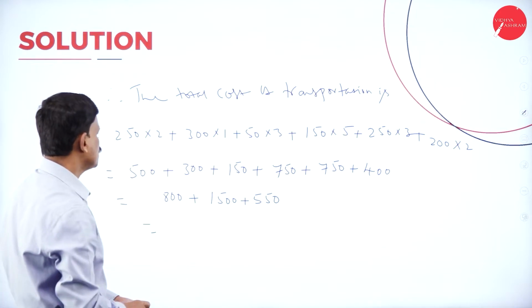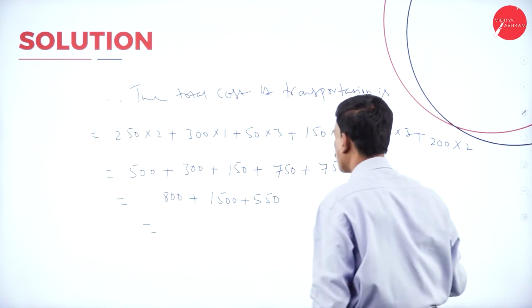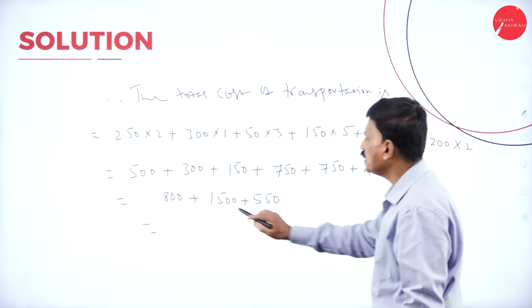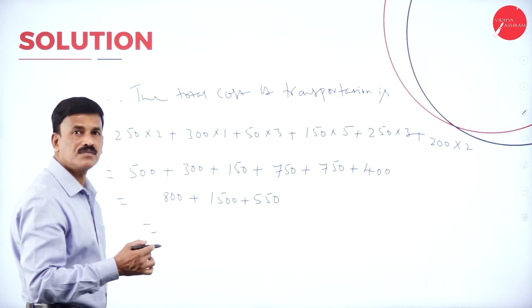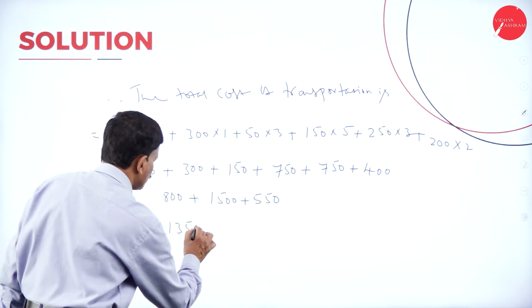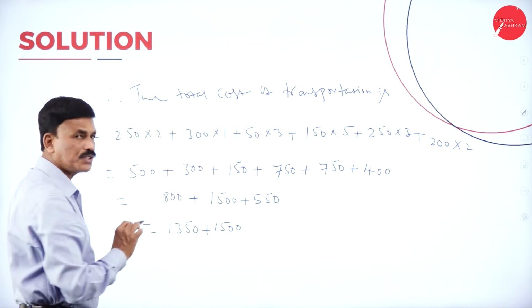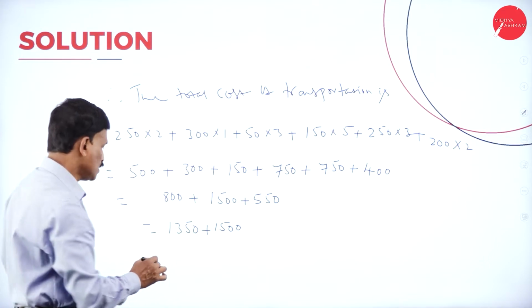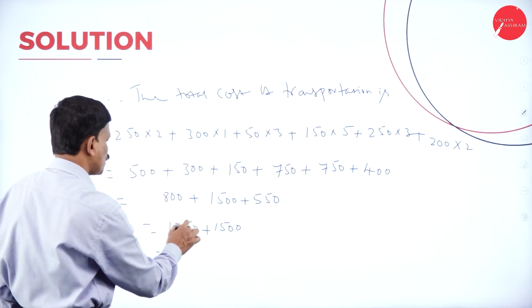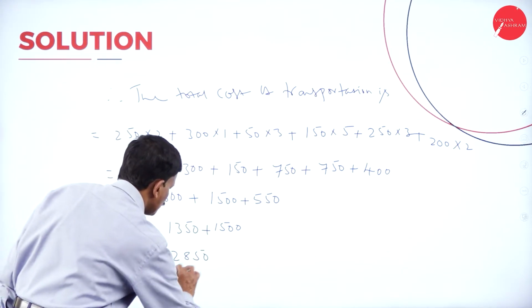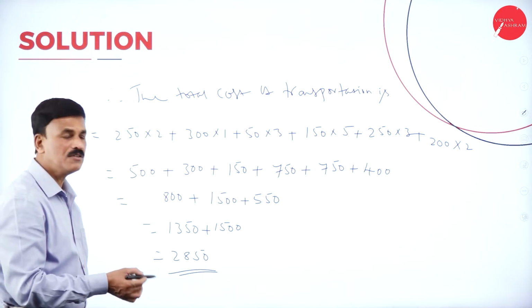So 800 plus 550 is 1350, plus 1500 is 2850 rupees. So therefore the total cost of the transportation is 2850 rupees.